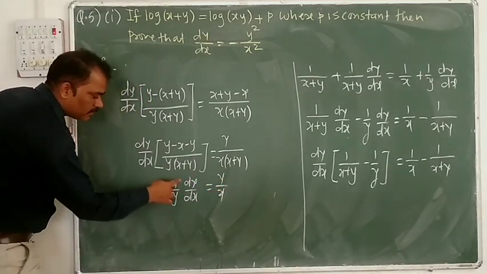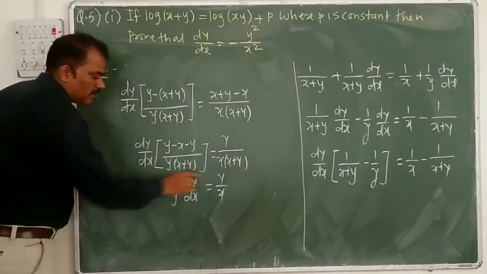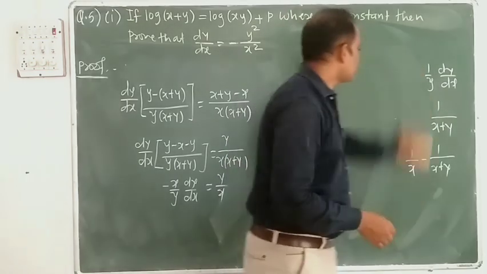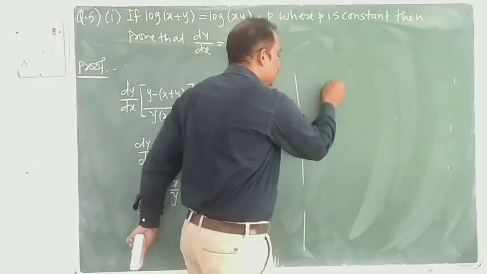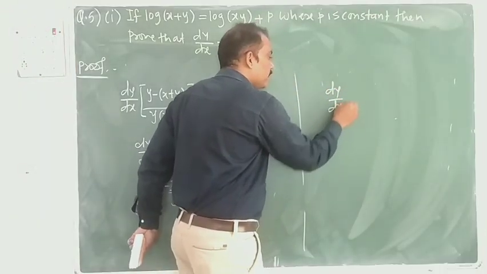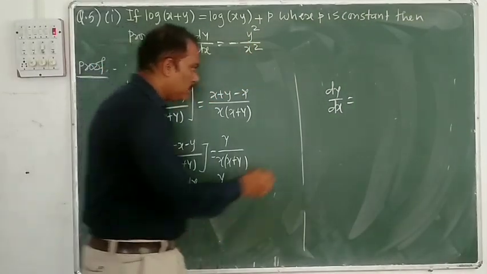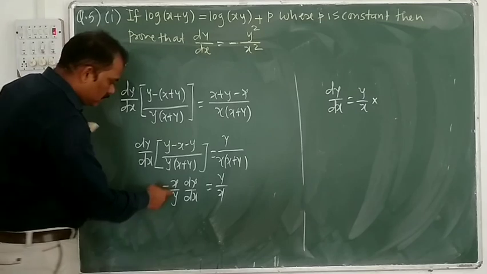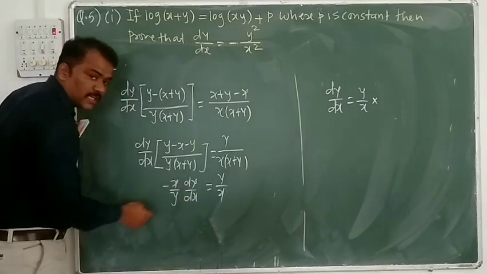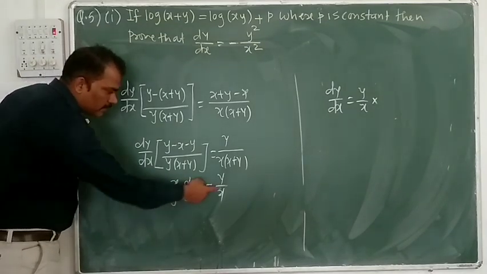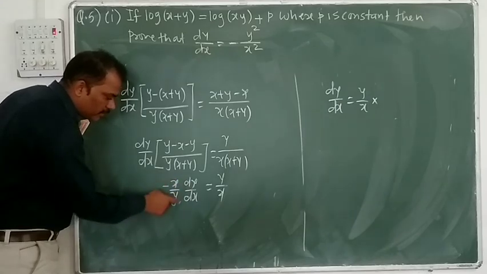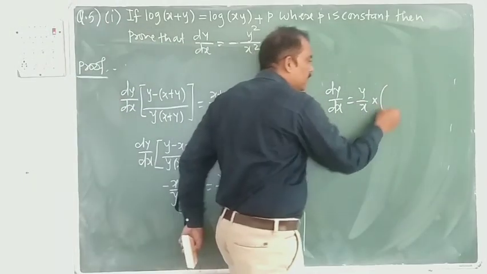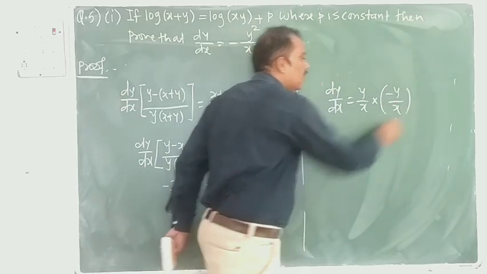Now we have to transfer this coefficient of dy by dx to the RHS, so that dy by dx is equal to y upon x into this coefficient. We have to multiply this RHS by the reciprocal of this one, that is, we multiply by minus y upon x.